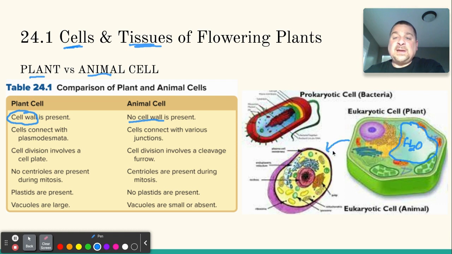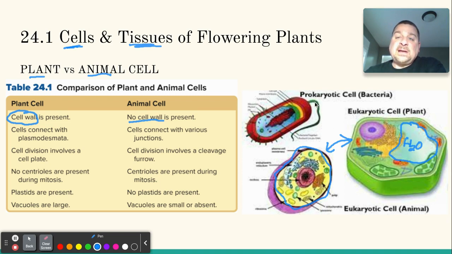Between an animal cell and a plant cell, these are the typical cells as we see them drawn. Plant cells are usually more square or rectangular in shape, whereas animal cells are more round. That's sometimes true, sometimes not. As we go through tissues today, you'll see that not all plant cells are square or rectangular.